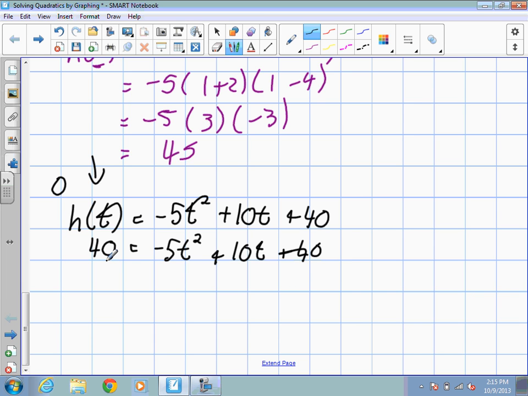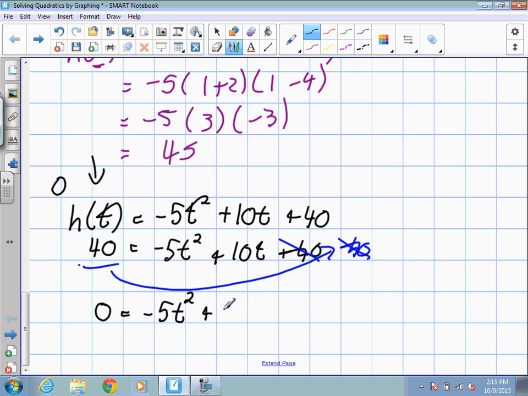When we move 40 over, it becomes negative. What's positive 40 and negative 40? 0. So on the left side, we'll have 0. We've moved 40 away. We have 0 is equal to negative 5t squared plus 10t. Now we're going to factor this to find out when our height is 40.